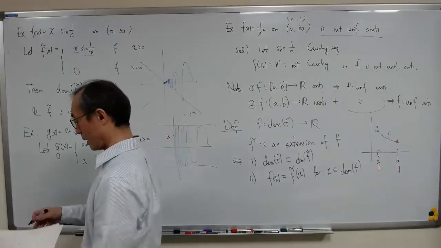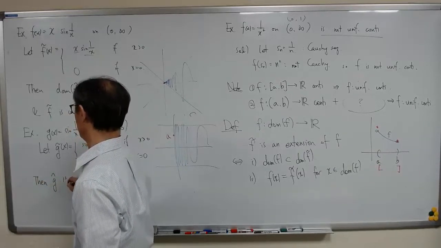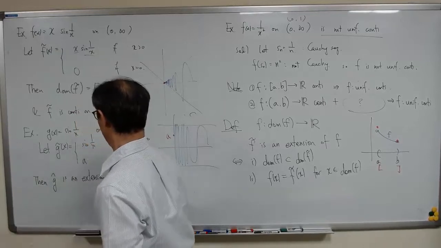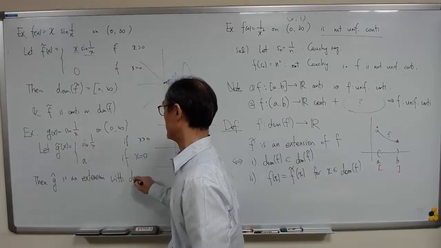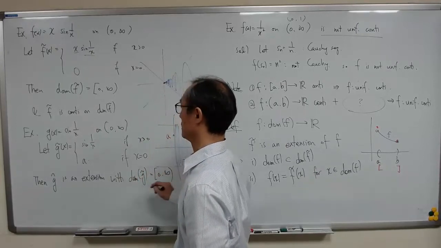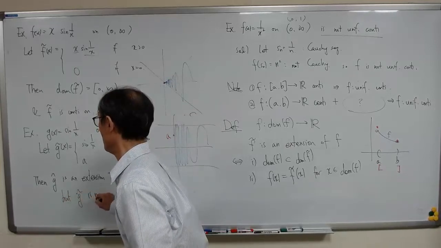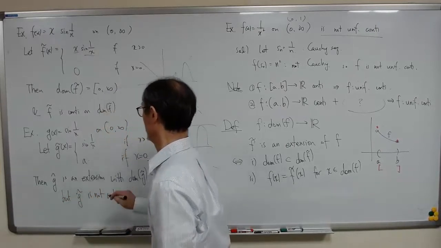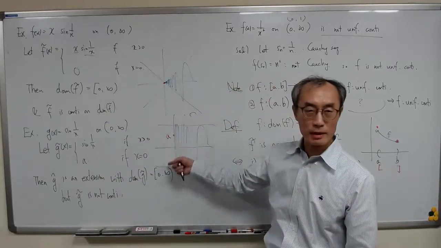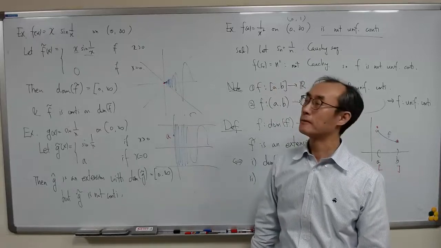Again, g tilde is an extension whose domain now includes 0, but this g tilde is not continuous. There is no value a which makes this function a continuous function.